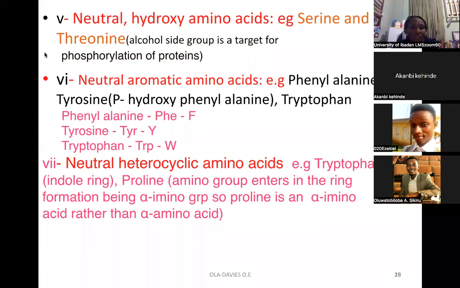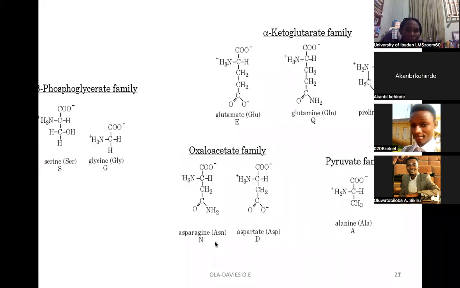All of these are neutral amino acids. The next is the neutral heterocyclic amino acids, and tryptophan is one, since it has an indole ring. Proline also has a ring, and that is why we said proline is actually not a true amino acid, but an imino acid.